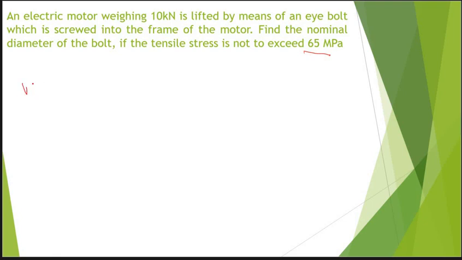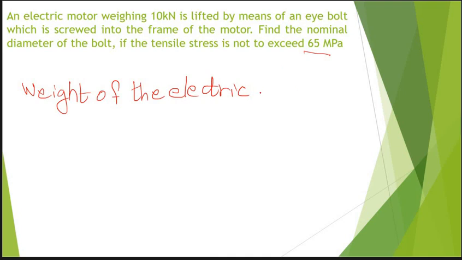First we are noting the given parameters. The weight of the electric motor, I am denoting it as P. This is an external force.